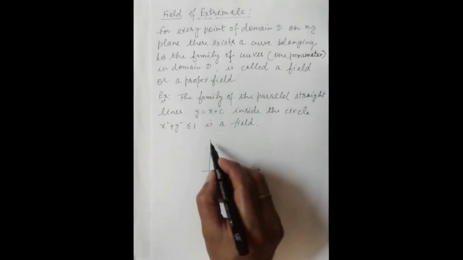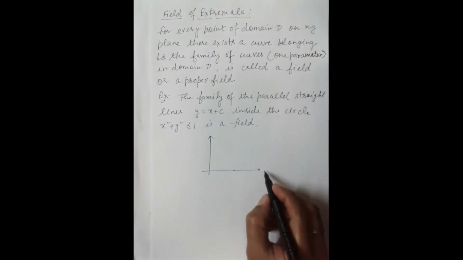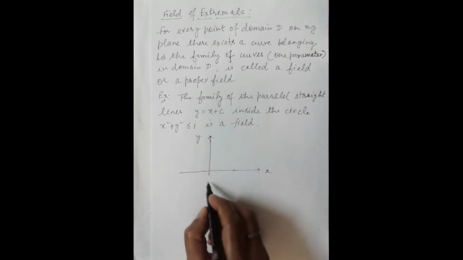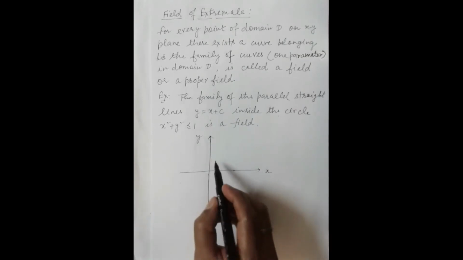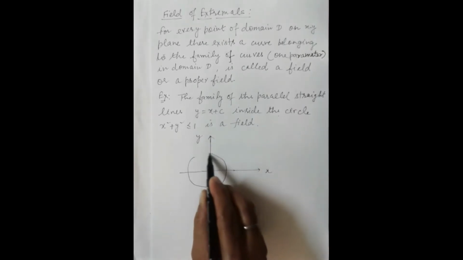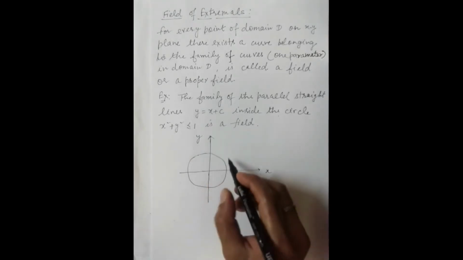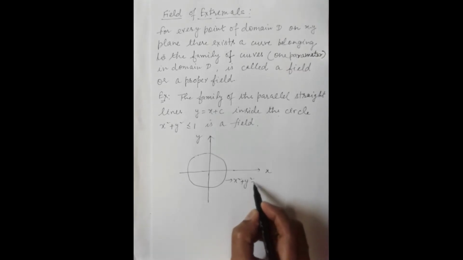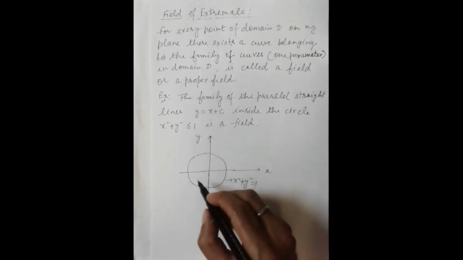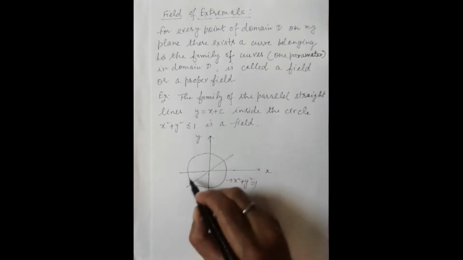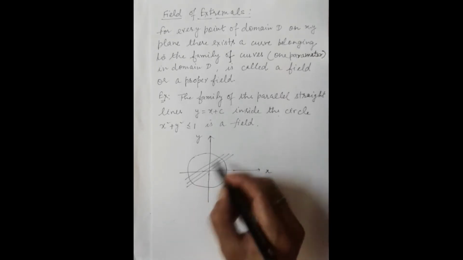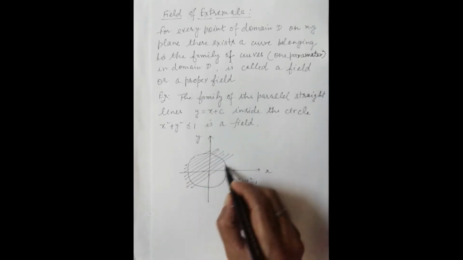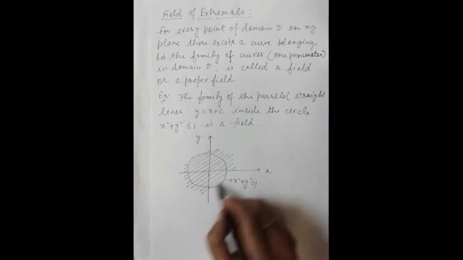We can see by this figure the x-axis, y-axis, and this is the circle x square plus y square equal to 1. These are parallel straight lines.